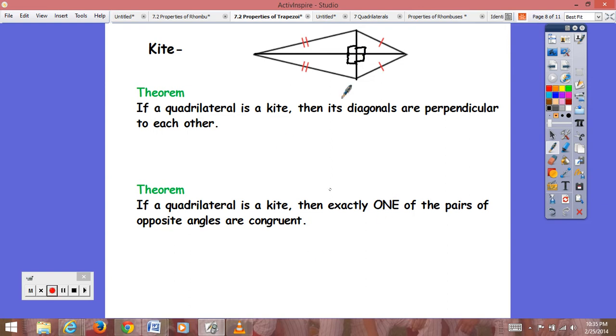Our second theorem: if a quadrilateral is a kite, then exactly one of the pairs of opposite angles are congruent. So if we draw a kite here, let's try that again.